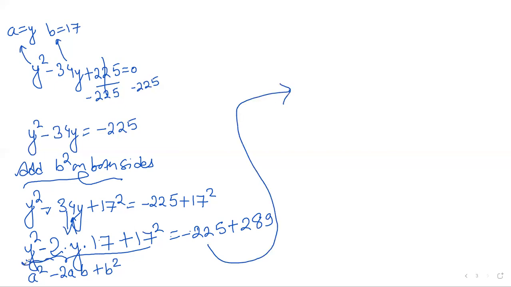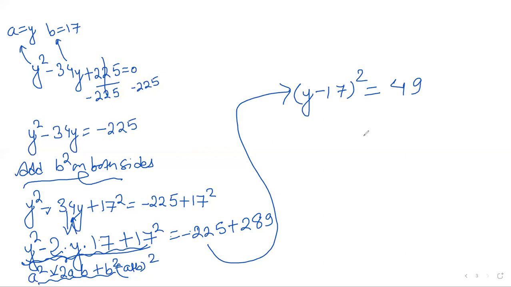Now this left side, this trinomial, we have already told you that a square minus 2ab plus b square can be written as a minus b whole square. So I can write it as your a is y and your negative sign in the middle because there is negative sign, and b is 17, y minus 17 squared. And on the other side, I have negative 225 plus 289 is a positive 49.